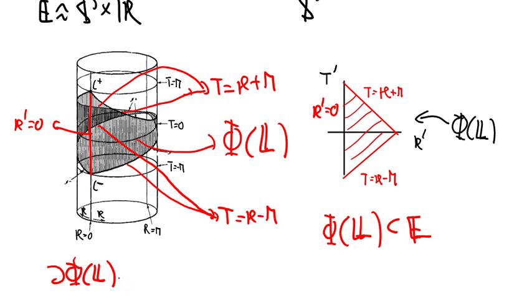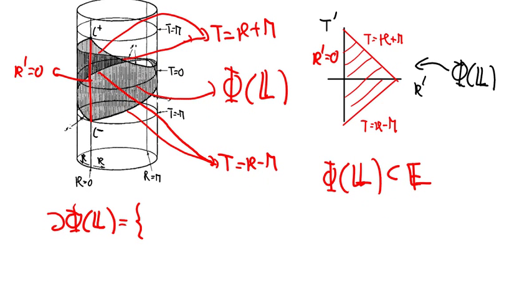And you see that the conformal boundary can be seen here in the 2 pictures as the union of a number of subsets, t equal r plus pi, and t equal r minus pi.